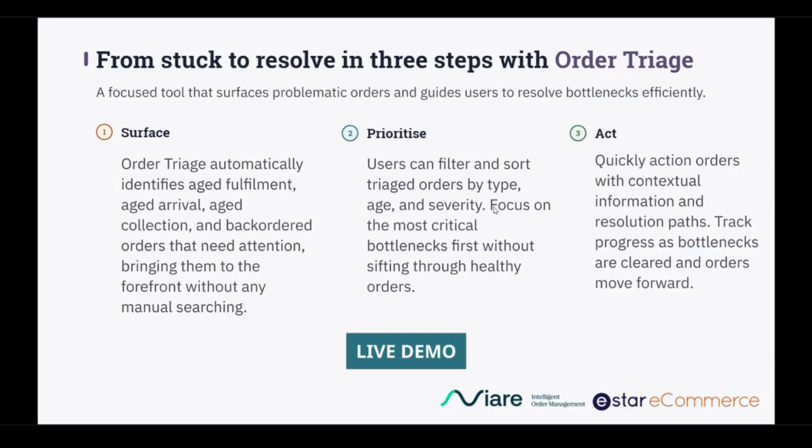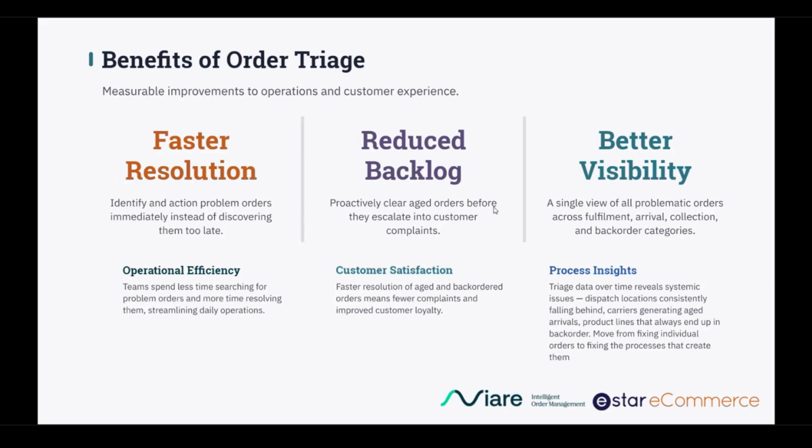So what benefits does that provide us? You are catching orders as soon as they become a problem, dealing with it proactively rather than being reactive. At the start, I talked about how initially when we spoke to clients, everyone was being reactive. It was always, a client called asking for this order and it's too late by that stage.